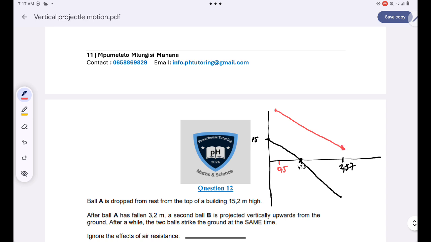It will stop there. So its initial velocity was 40. Yeah, we'll obviously write the heading. You'll write in full, velocity time graph, and then on the y-axis, that's your velocity in meters per second, and then on the x-axis you have time in seconds.